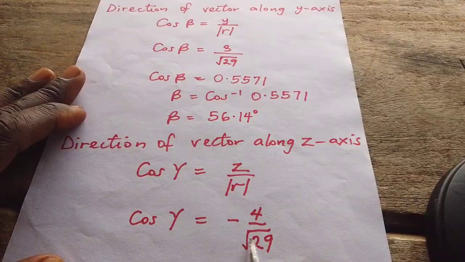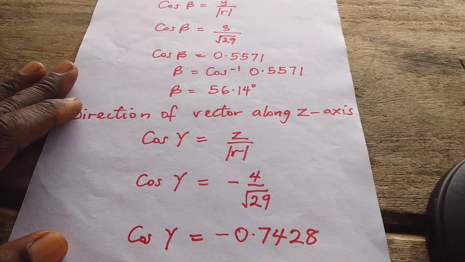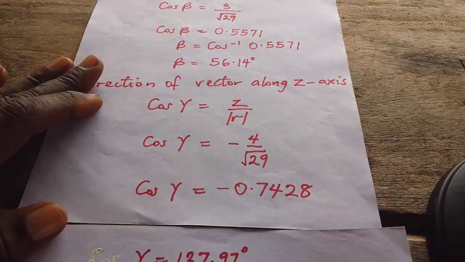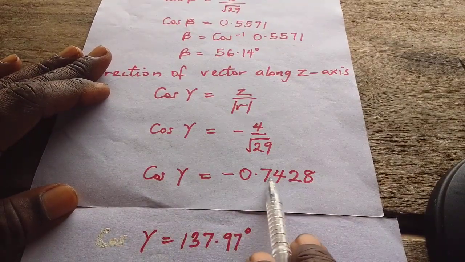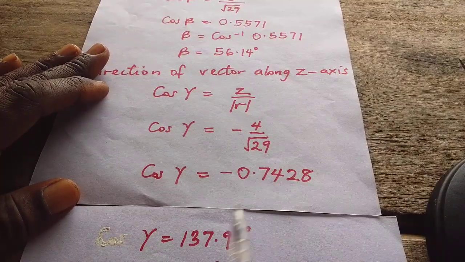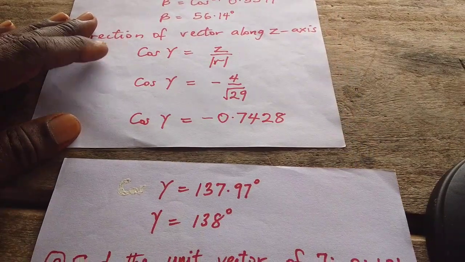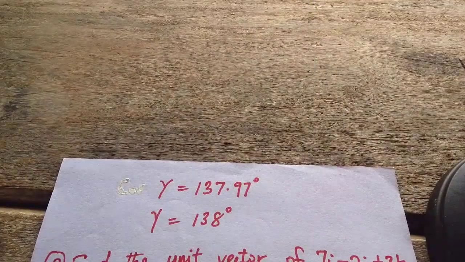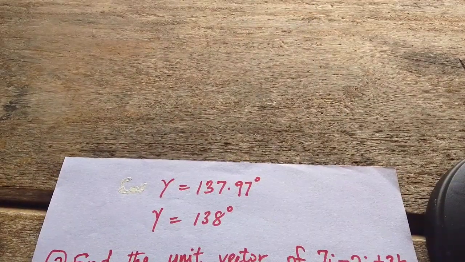So minus 4 divided by root 29 gives us minus 0.7428. To get the value, you look for the arc cos of minus 0.7428, which gives you 137.97 degrees, which is about 138 degrees.